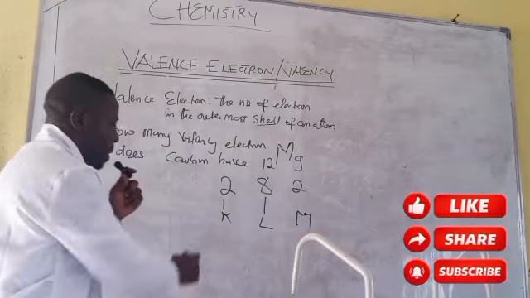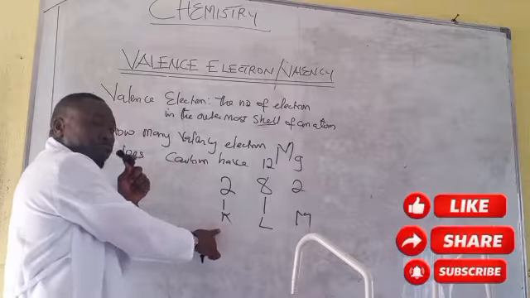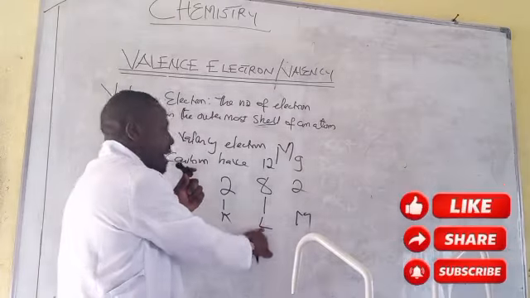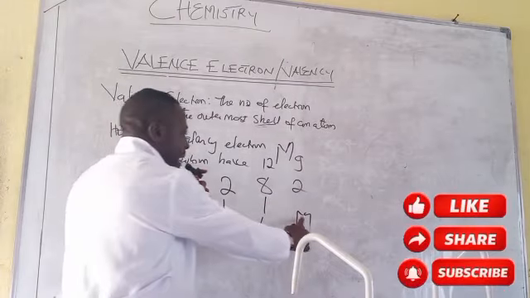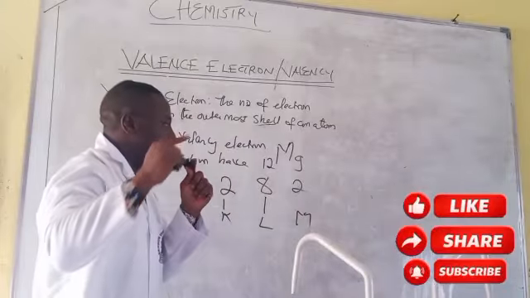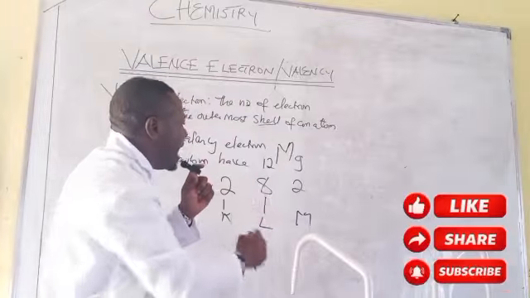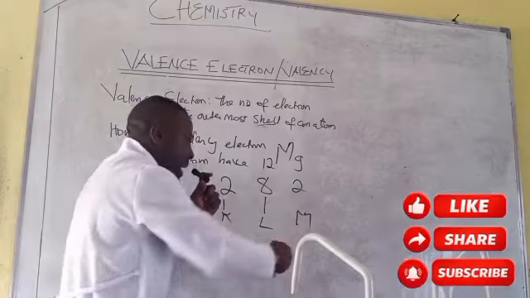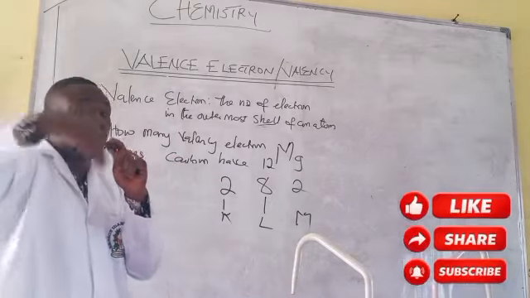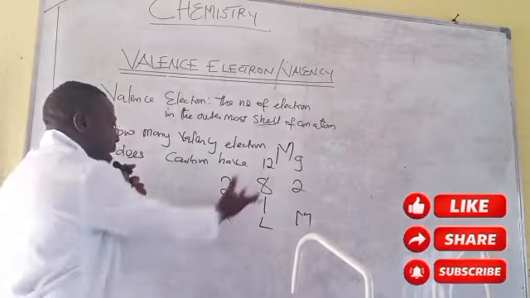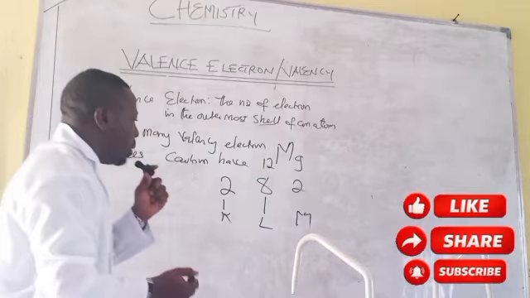So you can see, this K shell is complete with 2, while this L shell is complete with 8. Then our M shell is supposed to hold up to 18, but here it has just 2. Yes, it can accommodate from 1 towards 18. Now, let's draw the configuration of magnesium.